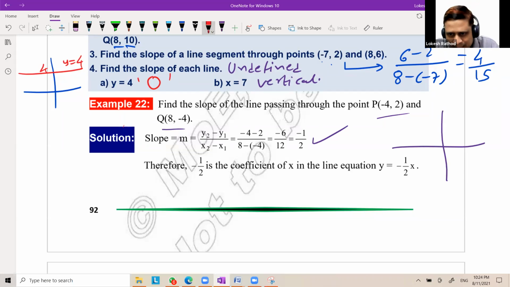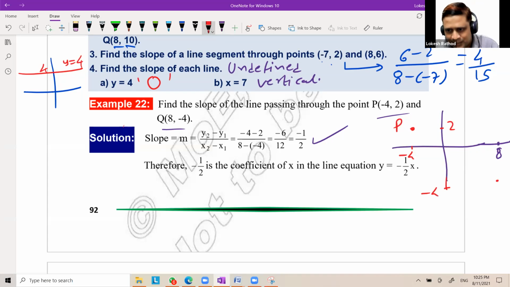What is this point? Minus 4 comma 2. Where will minus 4 comma 2 be? X minus 4 maybe here, and y 2 maybe here. So this point is P. And there's 8 comma minus 4. X is 8, so x coordinate 8 will be somewhere around here, and y coordinate minus 4 maybe somewhere around here.